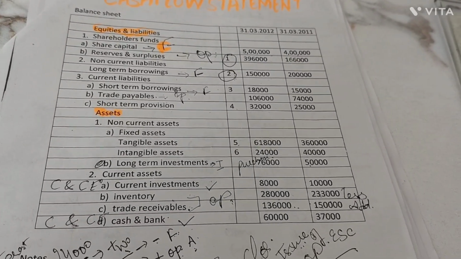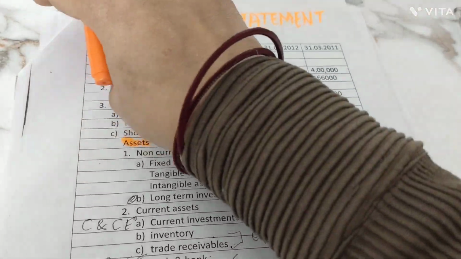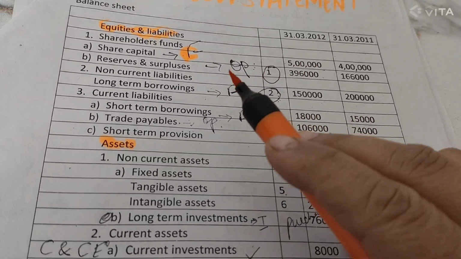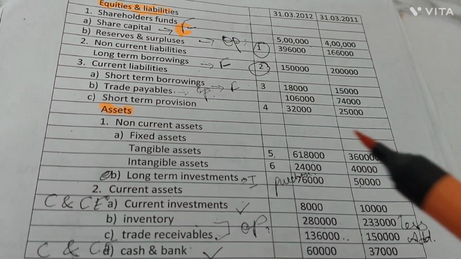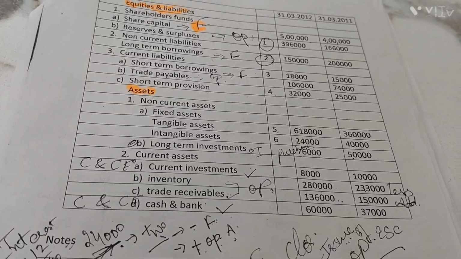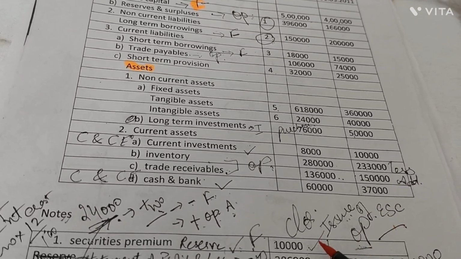So first of all, beta ji, we are taking our share capital. Share capital, I have told you that it has increased from 4 lakh to 5 lakh. Which activity do we have to go to? Financing. And I told you also that the issue of your share capital was at security premium.